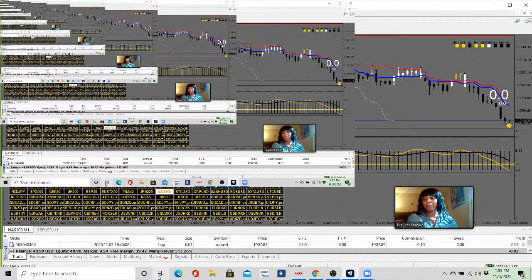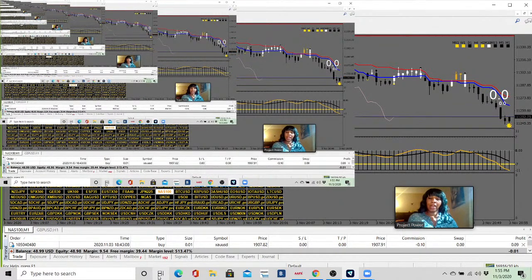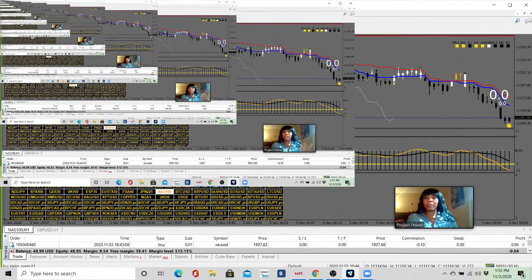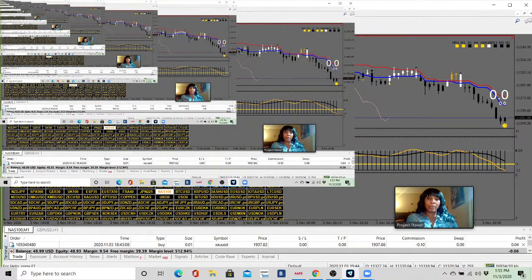So I'm actually being a very cautious trader. So it's a good thing that I wasn't able to get into the Nas trade. I already have my money on gold as I continue to collect pips in gold and secure my profit. I will continue to add positions in gold.